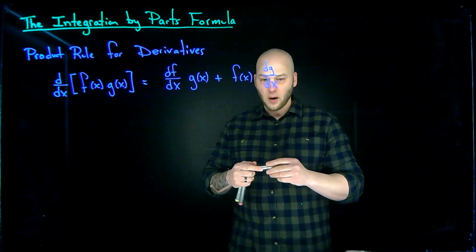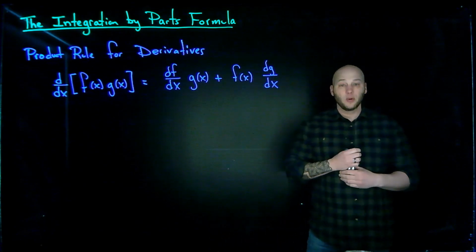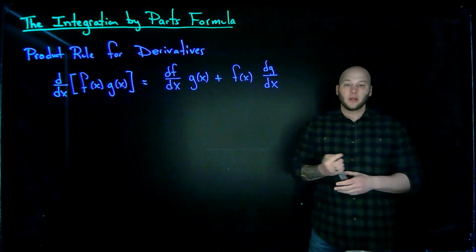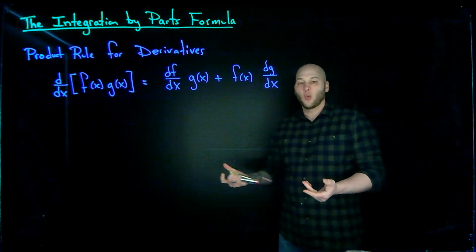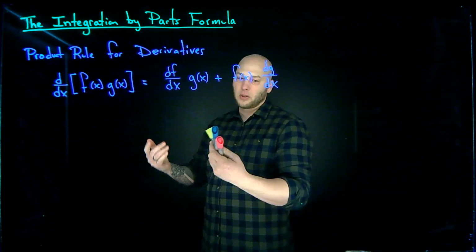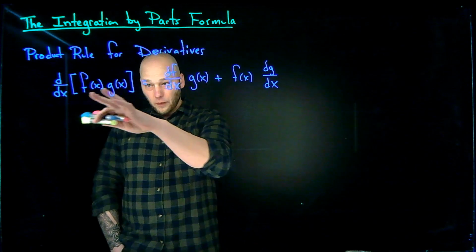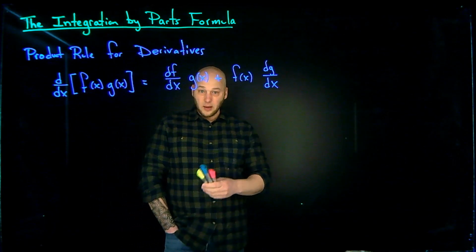If you are at least halfway through Calc 1, you should be familiar with that formula. And I'm assuming if you're watching this, you're in Calc 2, because you're interested in integration by parts. So if I differentiate a product, this is the result.